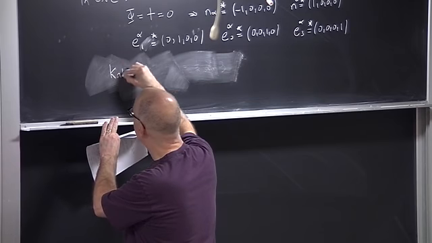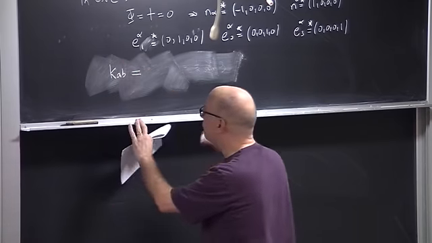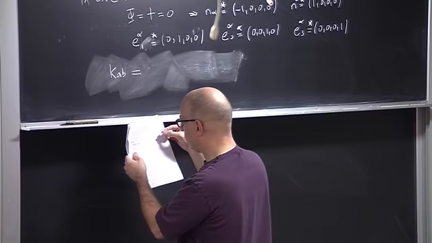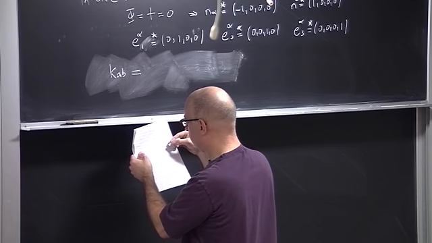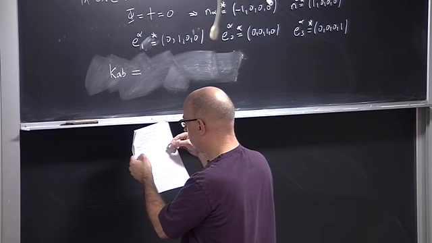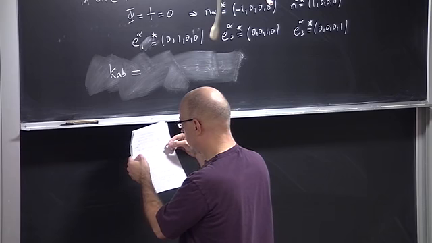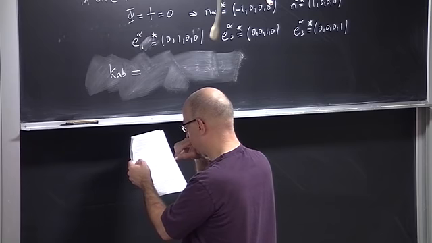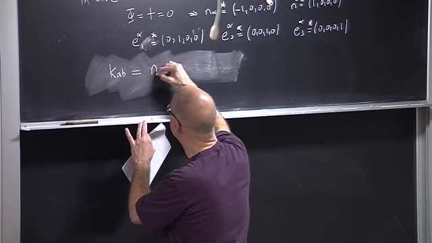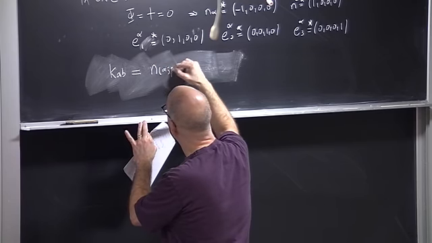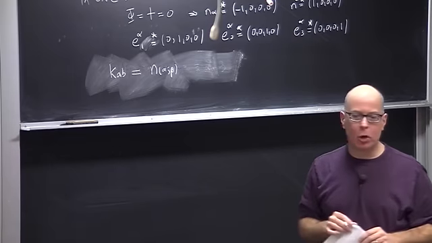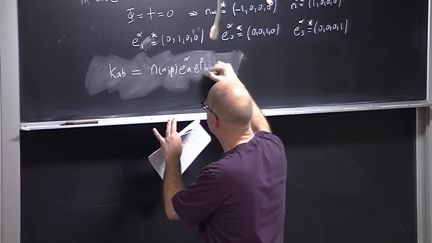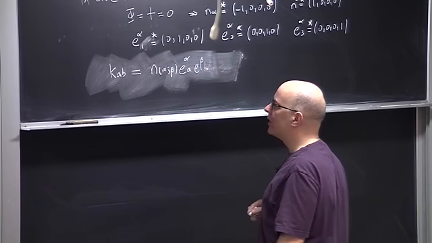The claim I want to make is that the covariant expression for K_AB is where you take the covariant derivative of your normal vector and you project it down to the hypersurface with the tangent vectors.